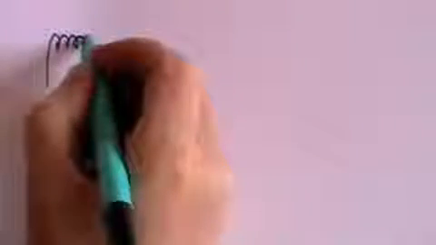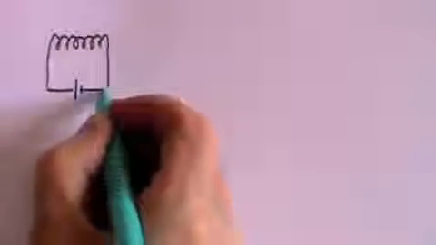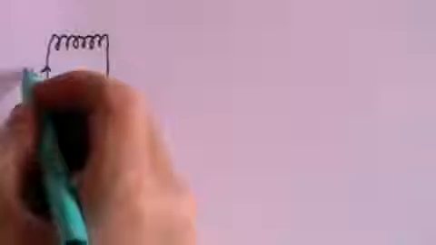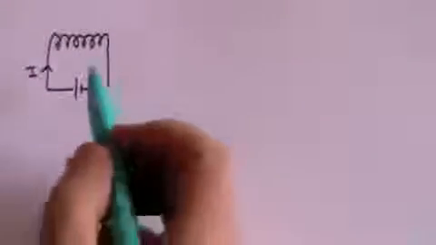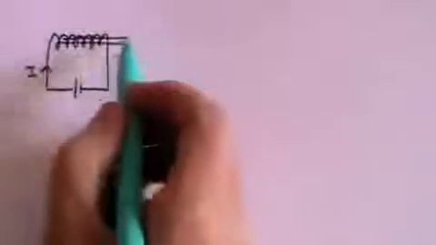If you take a coil of wire, which is sometimes called a solenoid, and you pass a direct current, unchanging direct current, through that coil, then in the middle of the solenoid there will be a magnetic field.